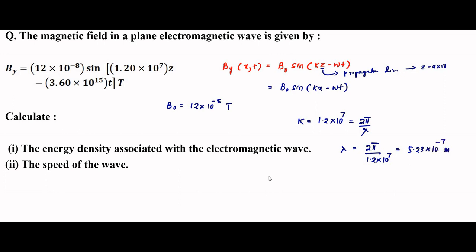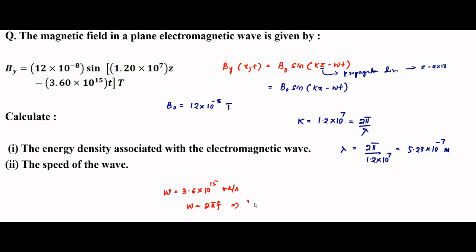This is the wavelength. Then the angular frequency ω, the term attached with t in kz − ωt, is 3.6 × 10^15 radian per second. Now we know that ω = 2πf, where f is the frequency in hertz or second inverse.